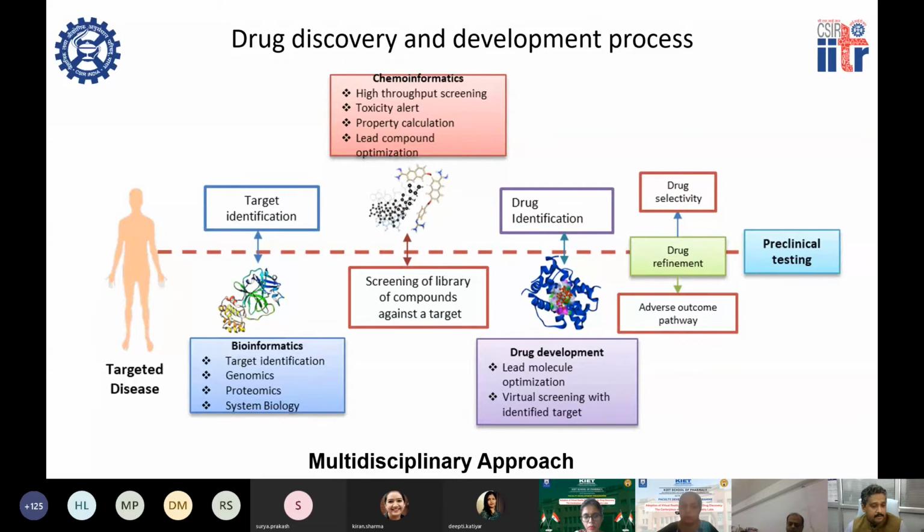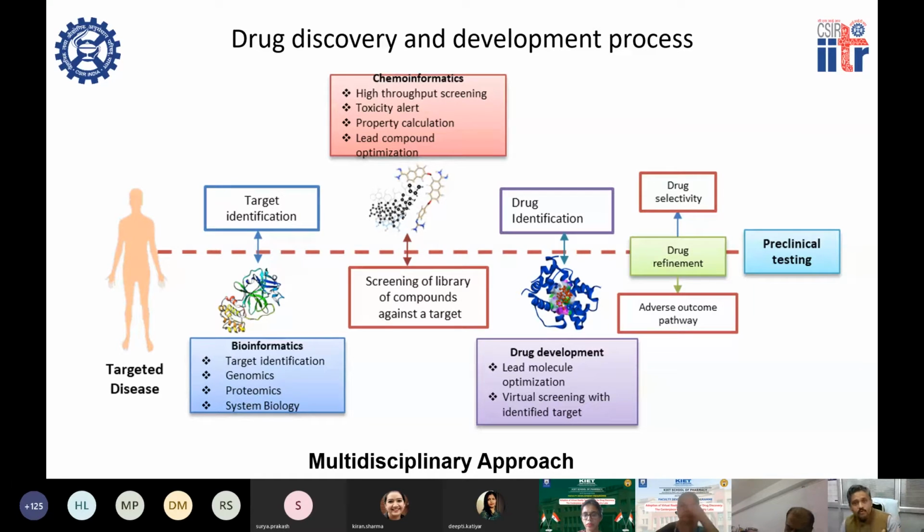That gives you some of the approaches in bioinformatics, cheminformatics or the drug designing process, like target identification and genomics. And you can use various bioinformatics tools like proteomics and systems biology approaches to develop the particular targets.